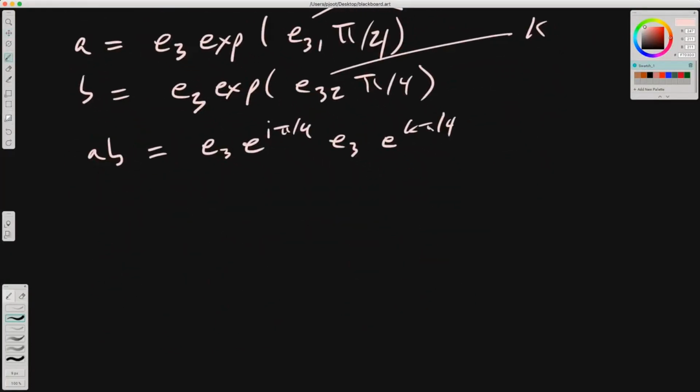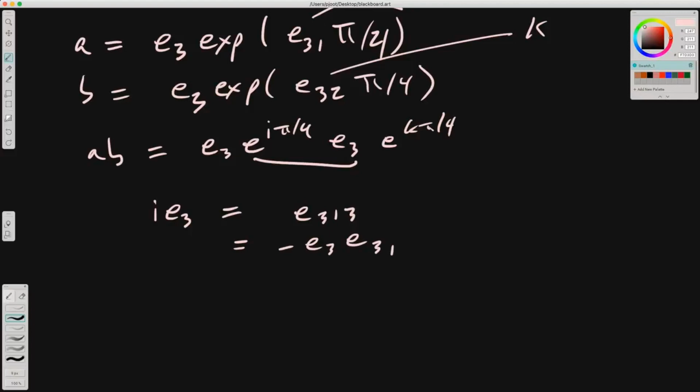If we have a product like this, so if we take I E3, that was E3 E1 E3, which is also E3 times E3 E1 with a minus sign.